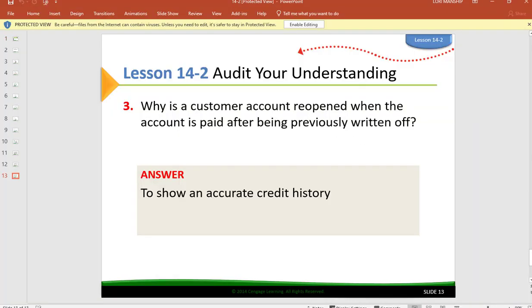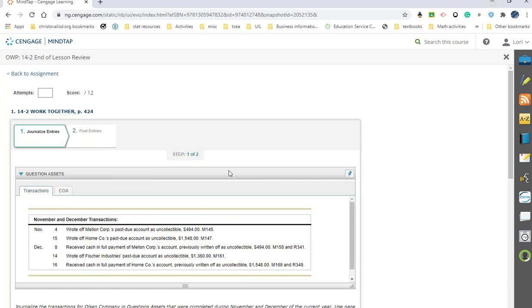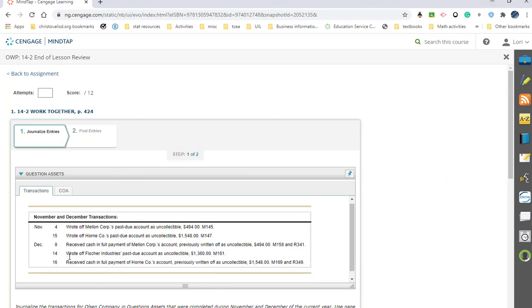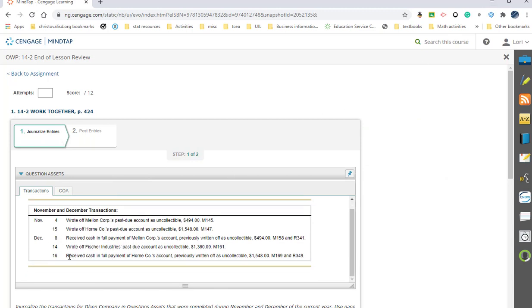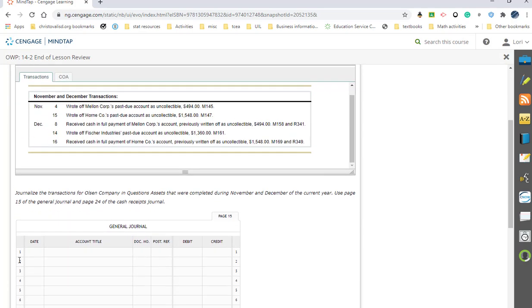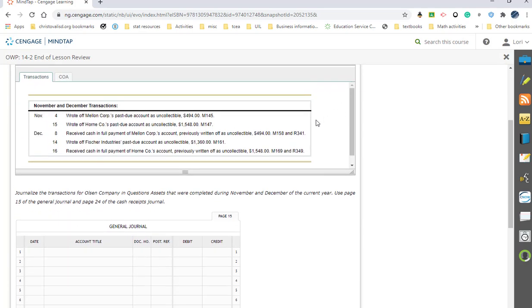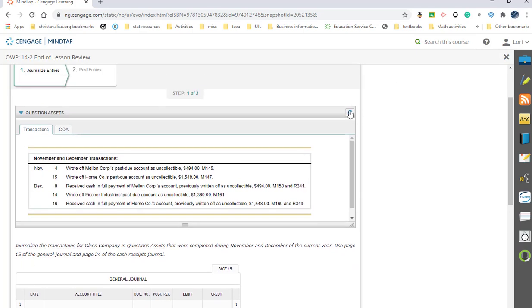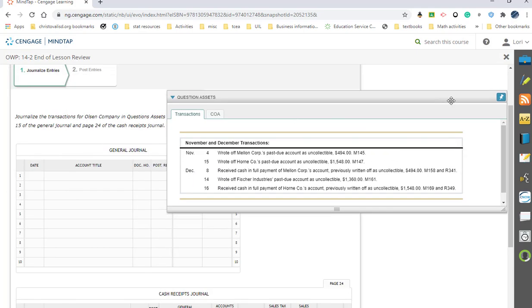So let's go ahead and look at how this looks as we are posting this into our journalized entry. First we're going to journalize it. So on the 4th, let me move this guy so I can see him.